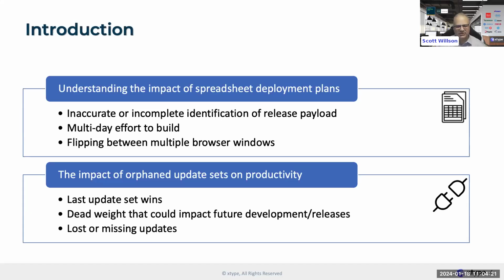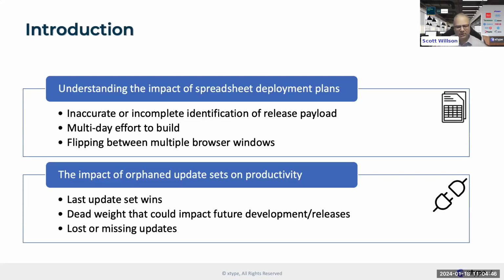The challenge with this, of course, is that the information that you put and itemize into a spreadsheet is inaccurate or incomplete. You pull up multiple browser tabs and you're going into multiple instances and you're going through and trying to itemize and catalog all the things that need to be in that release. And of course, you go to the effort to try to order them in the appropriate order.